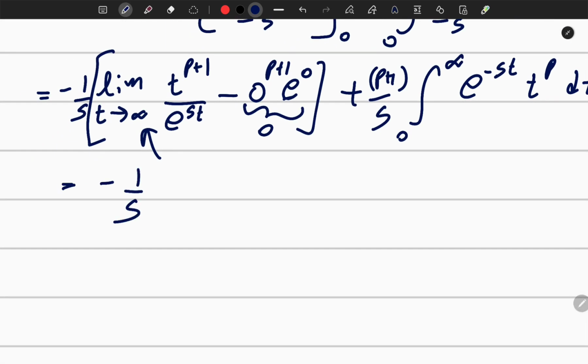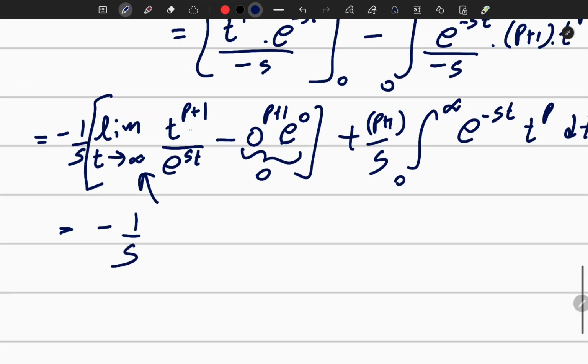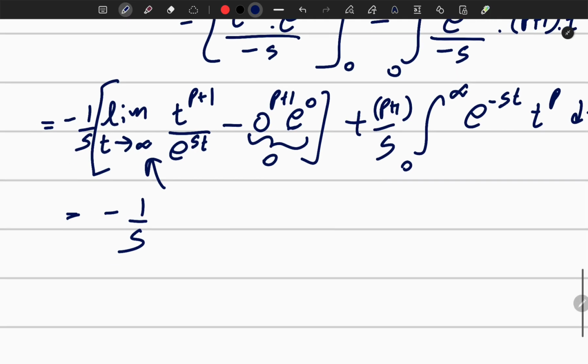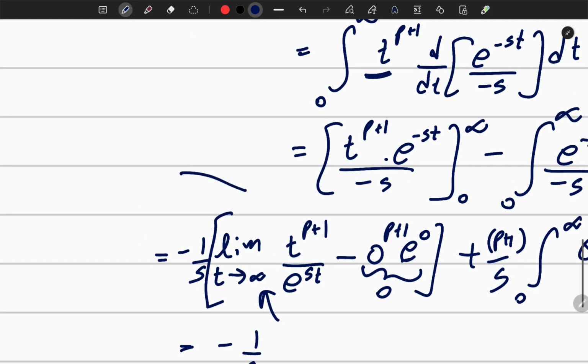Since this is in an undefined format, I can use L'Hopital's rule.